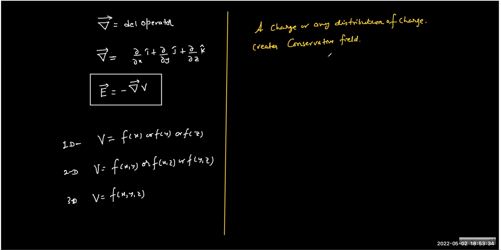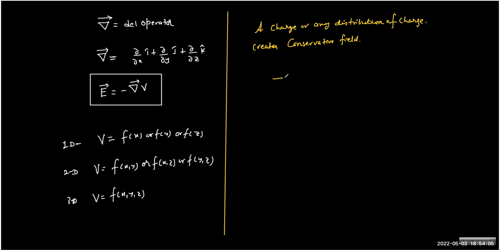That is, the field will be mostly radial or kind of diverging or converging, but it will not be circulating, which means it will not come back to the same point. So every field will have some starting point, some ending point, but the start and the end will not be the same. Understood?